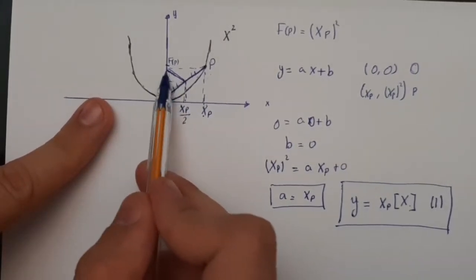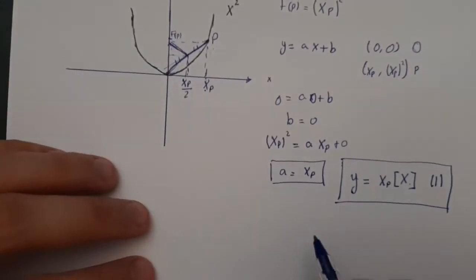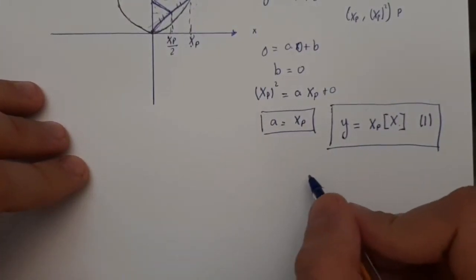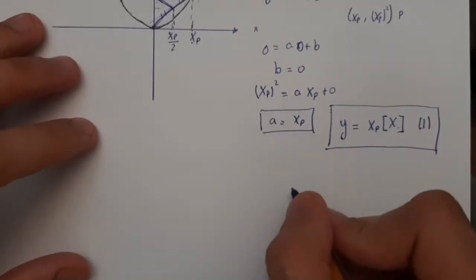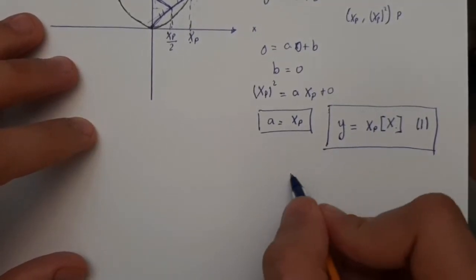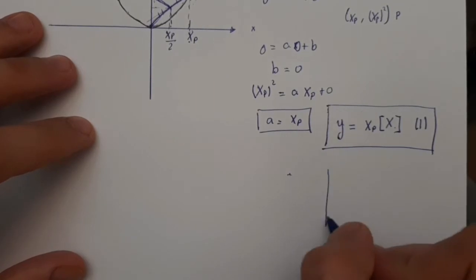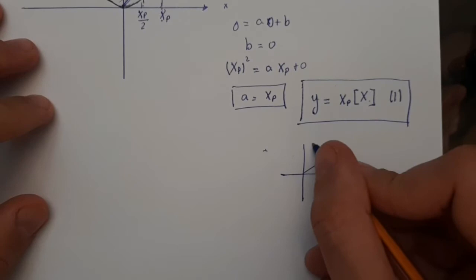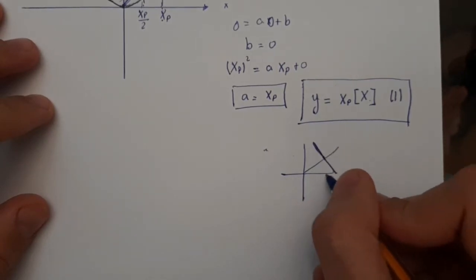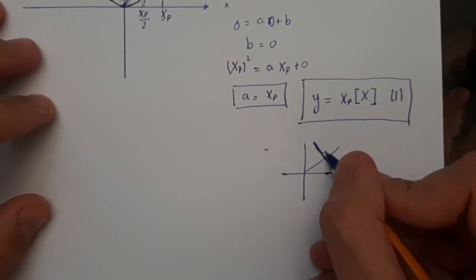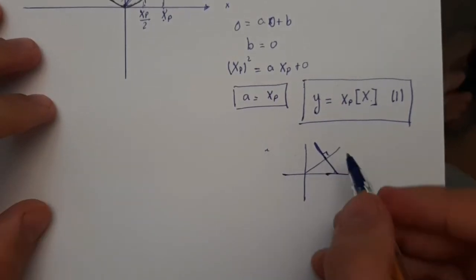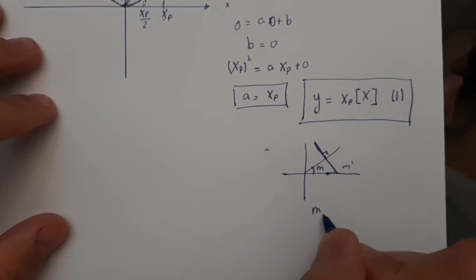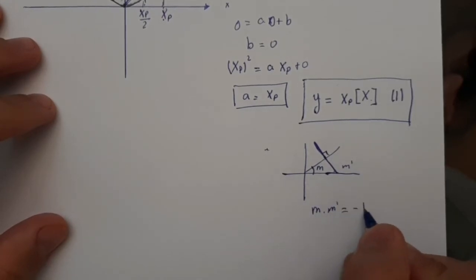Okay, we need to remember from analytic geometry that when we have the linear coefficient of a perpendicular line, if you have this line over here and this line, something like this, and they are perpendicular, then the linear coefficient, if this is m and this is m', you have that m multiplied by m' is equal to -1.